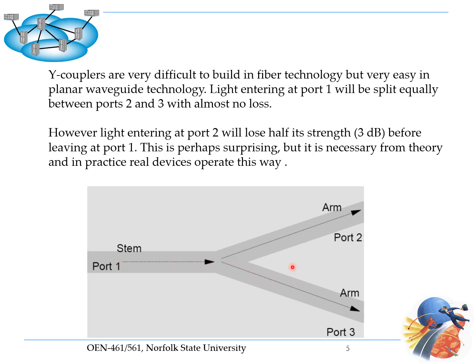First of all, nothing from port 2 will be coupled to port 3, but only 50% of light will continue to port 1 and 50% will just be lost. It is perhaps surprising and not very intuitive to see, but it's really how it works. No matter where we start, which direction light propagates, you will have a loss of 50% anyway in each of them.